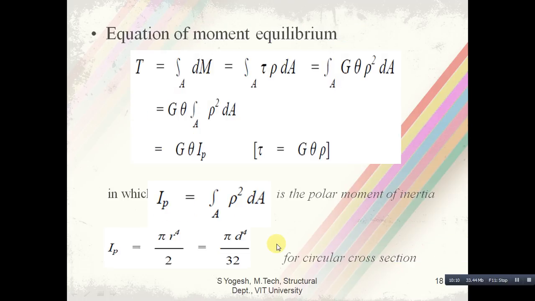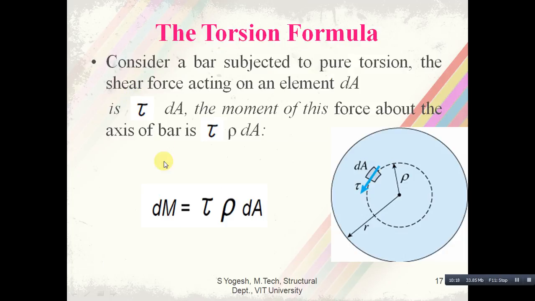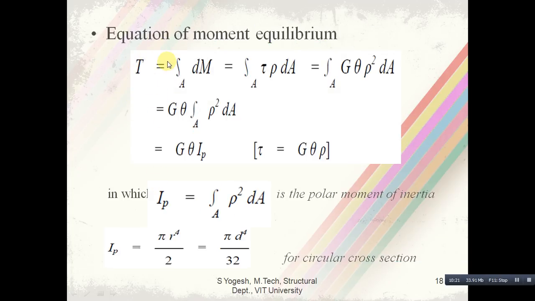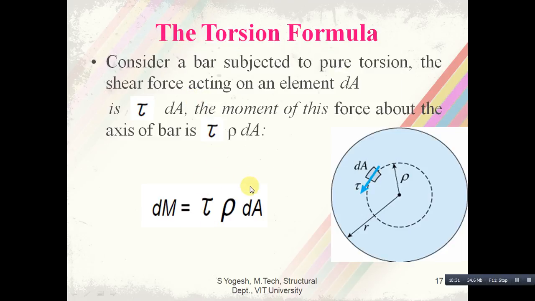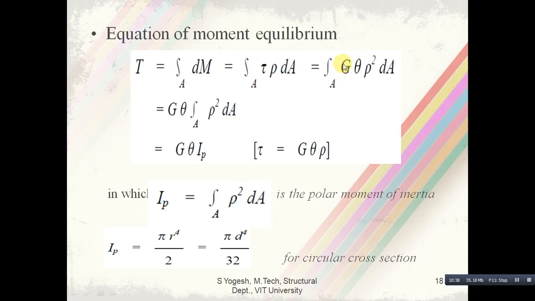Then the equation of moment equilibrium shows that the torsion T is equal to the integration over A of tau rho dA. So we can change this tau to G theta rho, which gives G theta rho square dA.